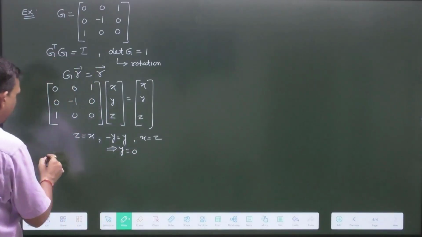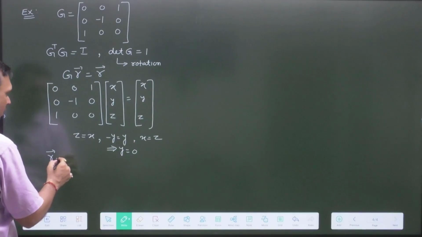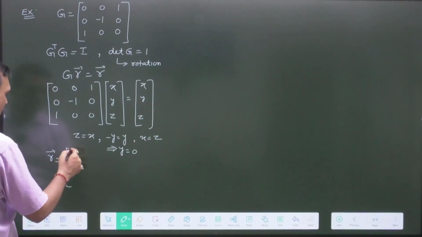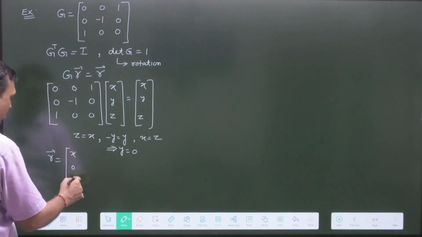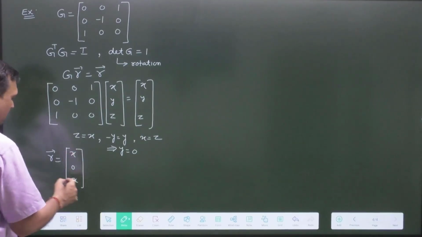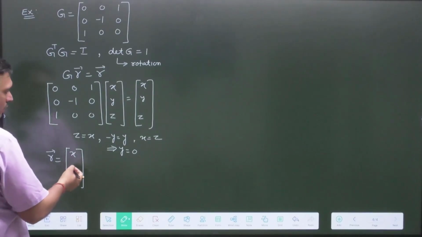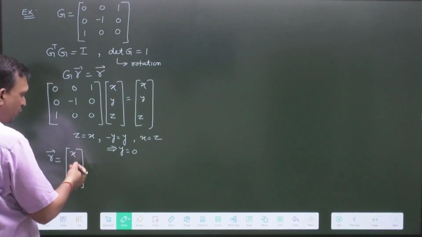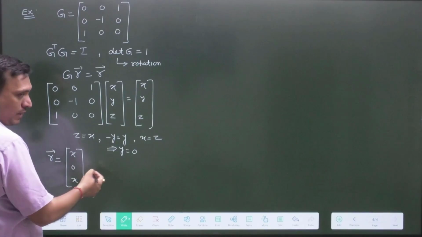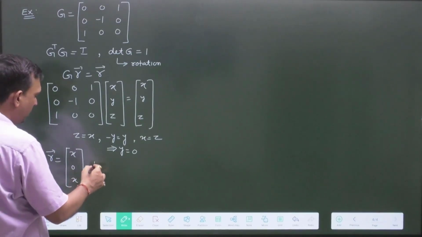So R vector is given by what? Let's say X, 0, X. Y is 0, Z is equal to X. And if you normalize it, 2x square is 1. So X will be 1 by root 2.